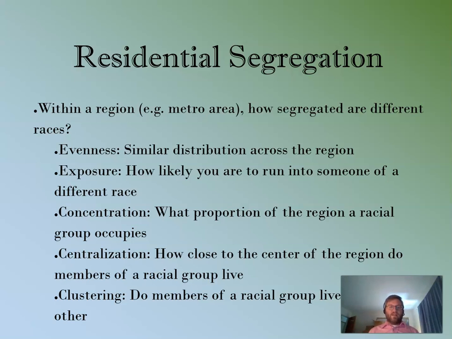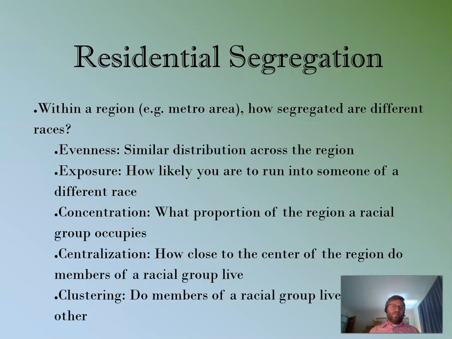Then concentration looks at what proportion of the area within the region that you're looking at, often a metro area like Pittsburgh and its immediate suburbs, is occupied predominantly by people of a certain racial group.